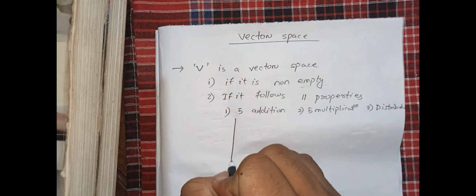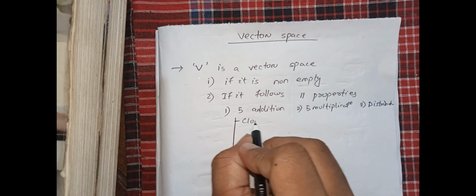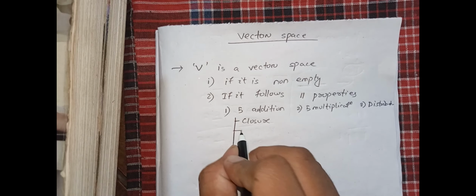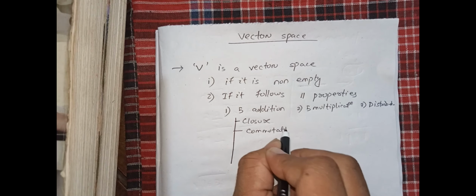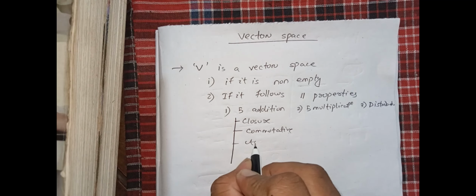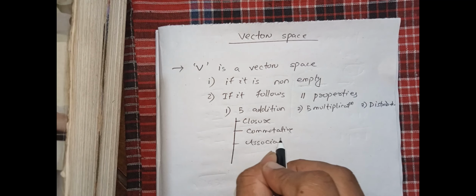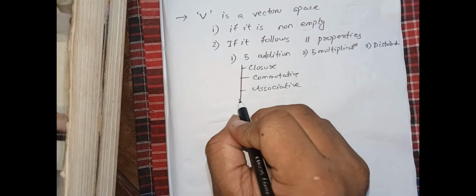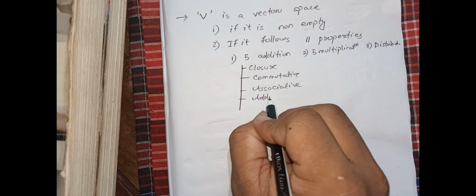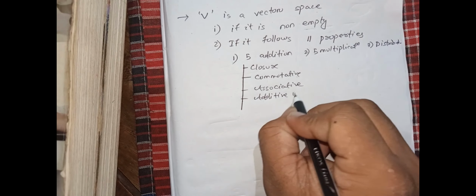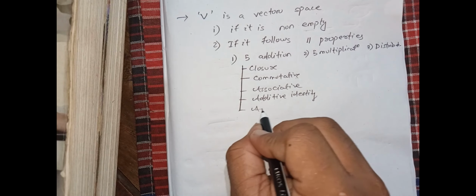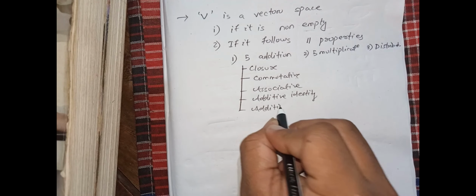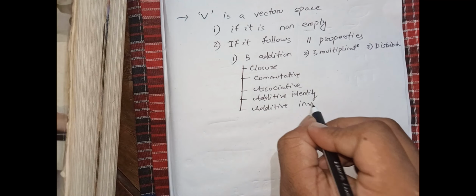So the 5 addition properties are: first one is closure property, commutative property, associative property, additive identity, and additive inverse. These are the 5 properties of addition.